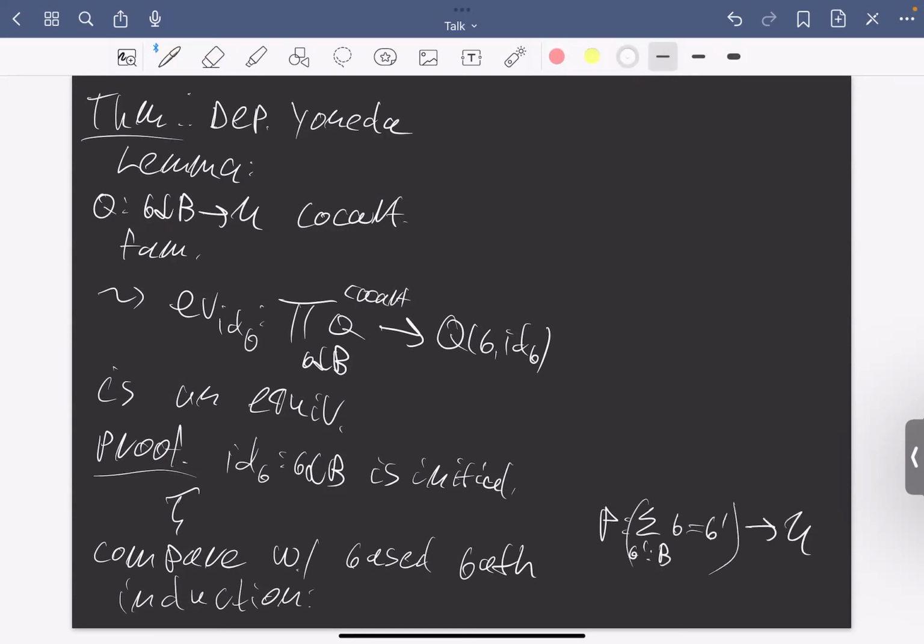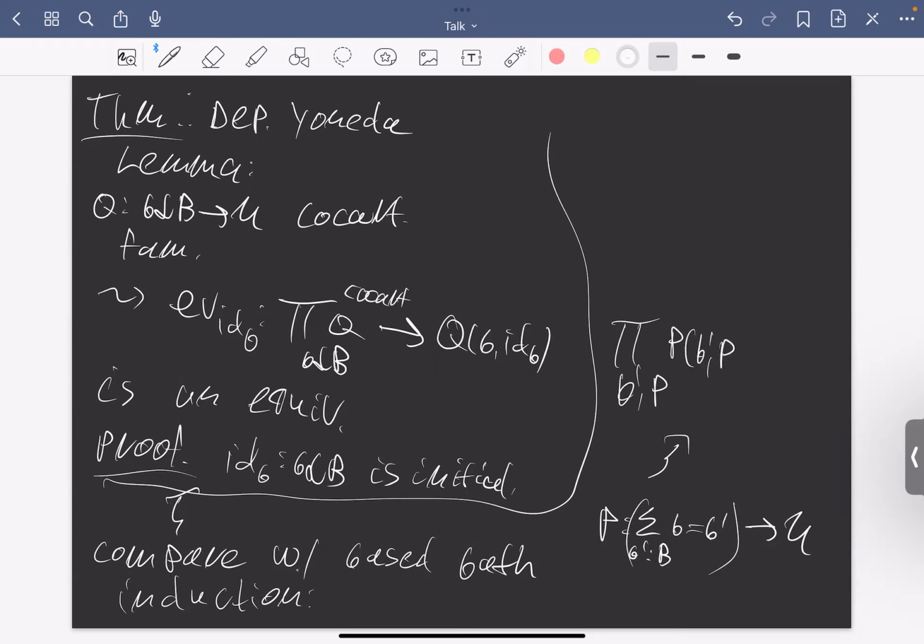So you have a family over a base path space. And then the idea is that the sections of this, so B prime together with a path into P, B prime P, are equivalent to just the sections at the identity.